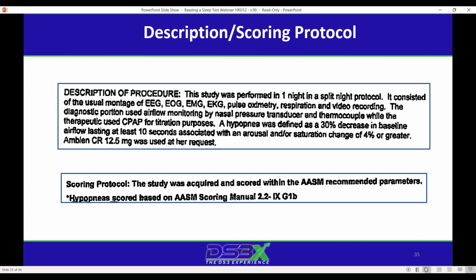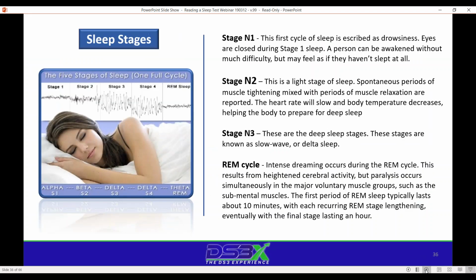Okay, so probably not the most important part of this, other than this 4%, because let's say it's a follow-up sleep study, and they're using 2% desaturation, and your baseline was 4%, you could have some significantly different results.